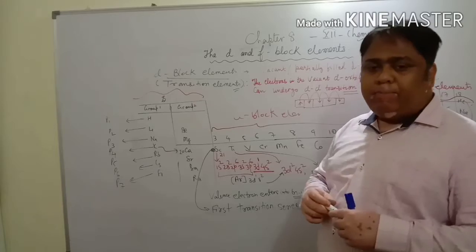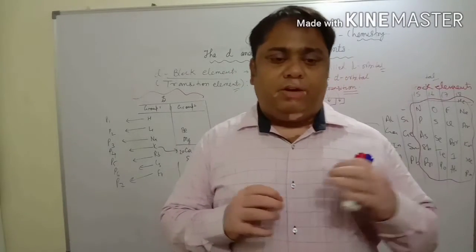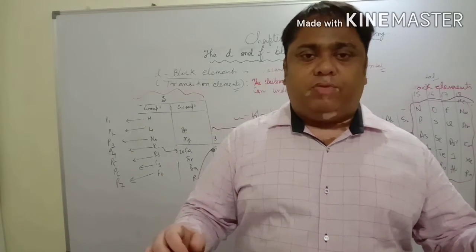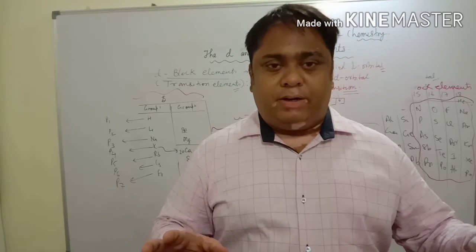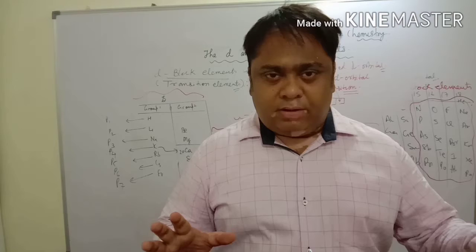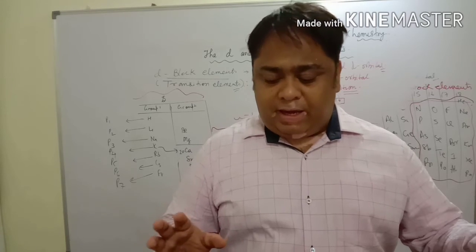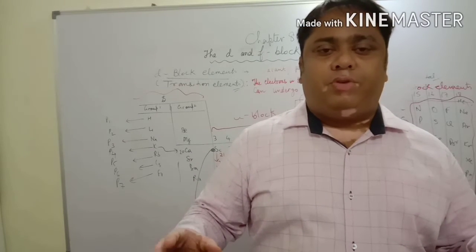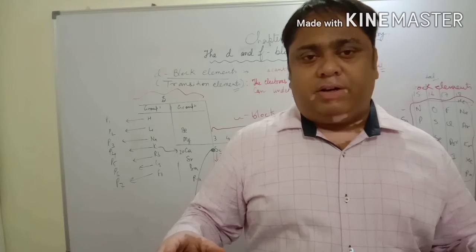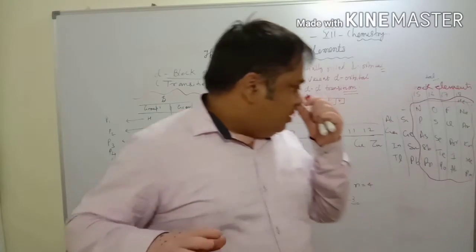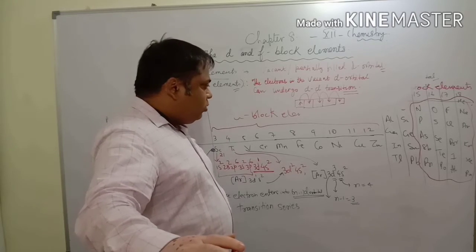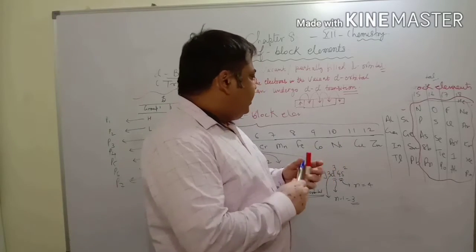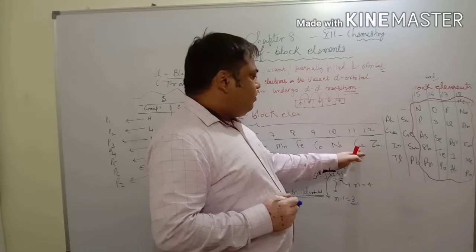So in d block elements you will find that mostly the valence shell d orbital, that means n-1 d orbital, will be partially filled. This you will see commonly, except in the case of copper, silver and gold. In copper, silver and gold, they have d9 configuration and still they have one unpaired electron.